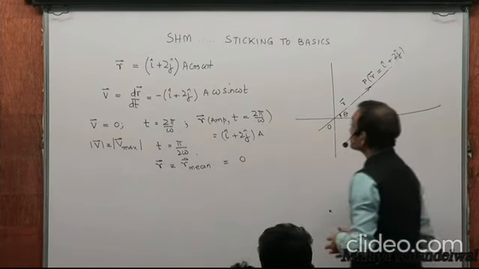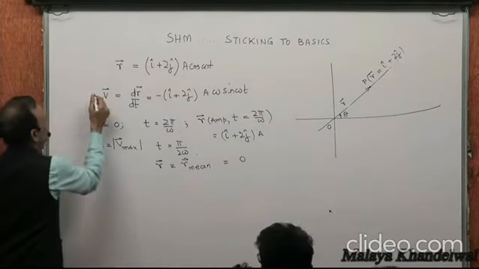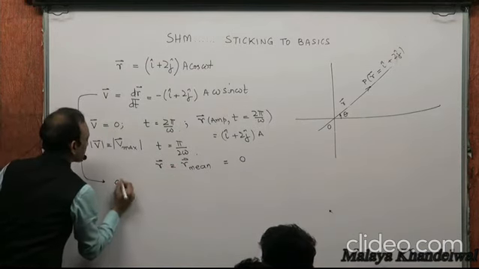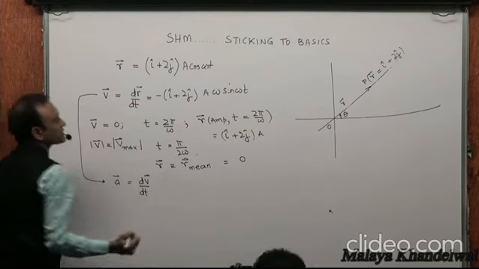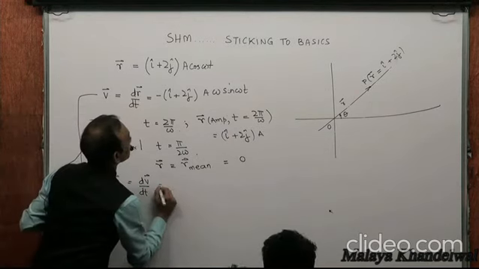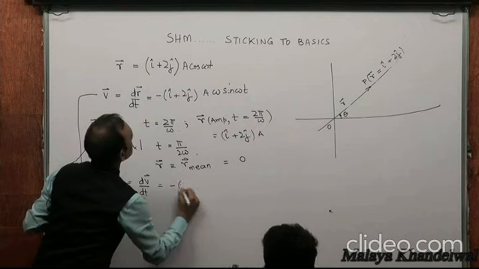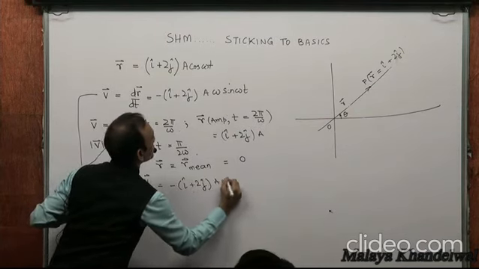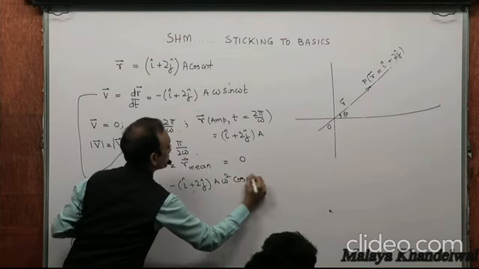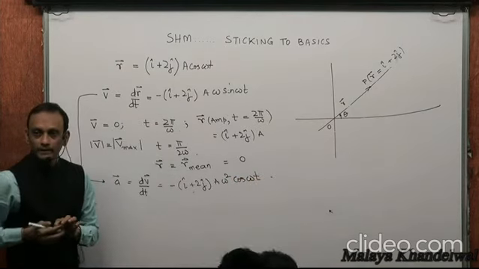Right? And again, if you differentiate this again with respect to time, acceleration is dv/dt, which is minus (i cap plus 2j cap) a omega squared cos omega t, right?